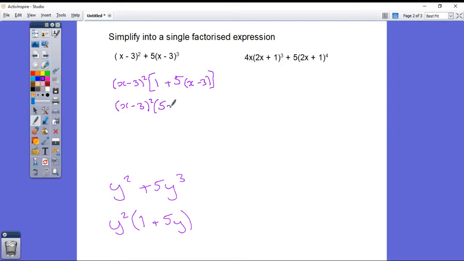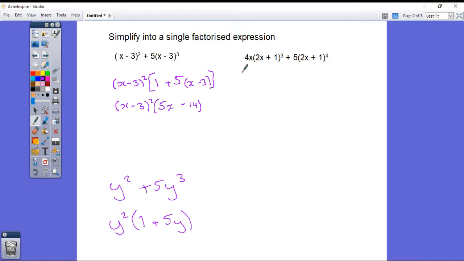I've got 5x minus 14. And that is your single factorised expression, one big term together. So last thing, never multiply these things out when you're trying to simplify things. You want to factorise first. So don't expand out unless you have to, which is what we have in the square brackets here.